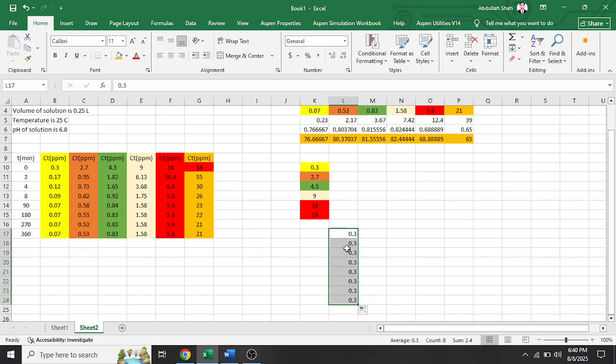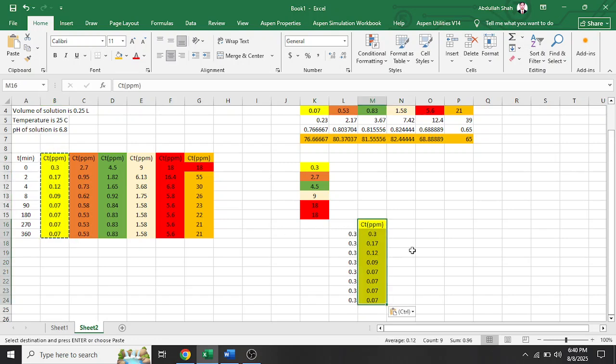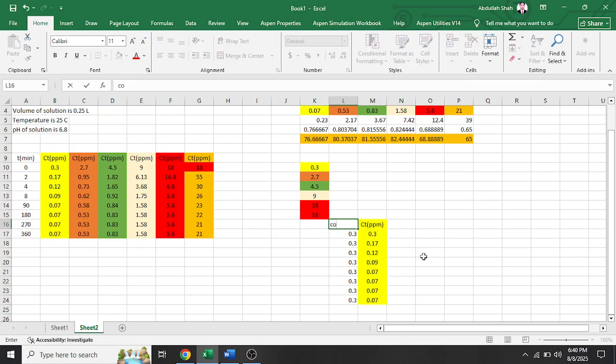And Ct for the first experiment is this one. This is also in ppm.